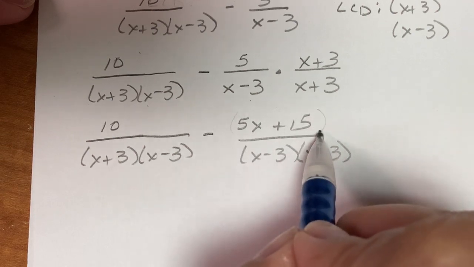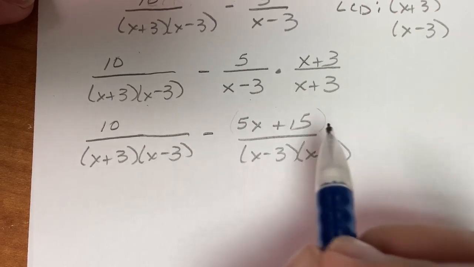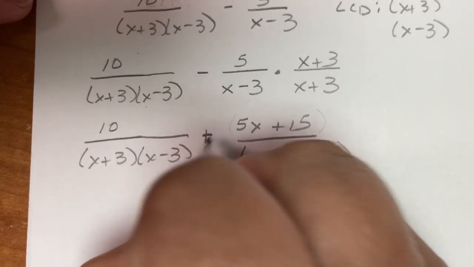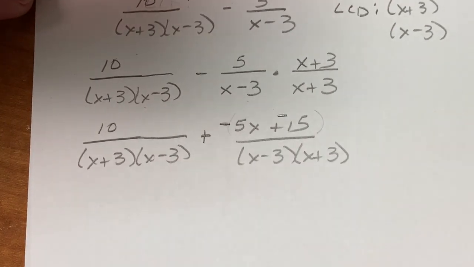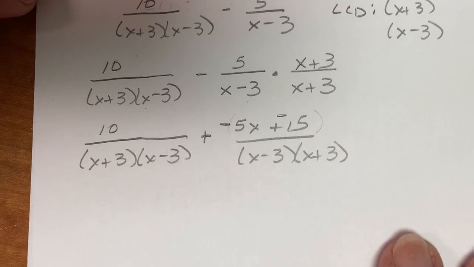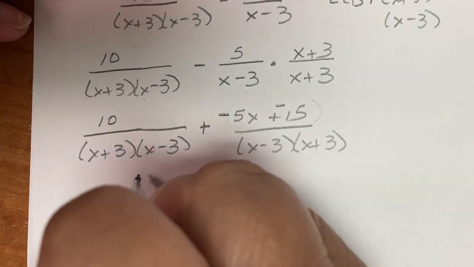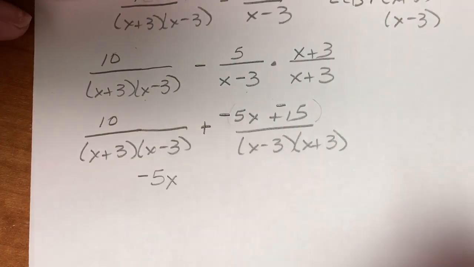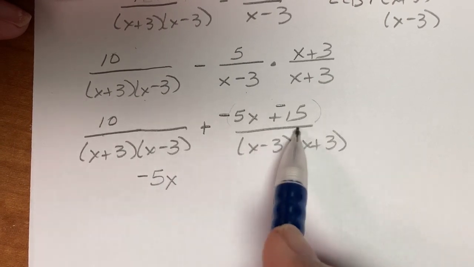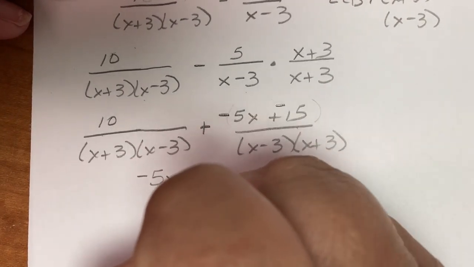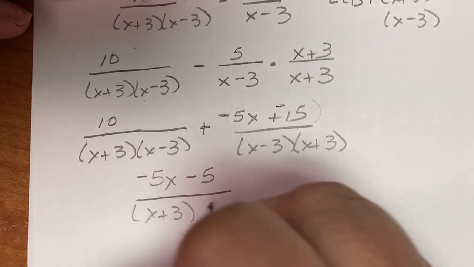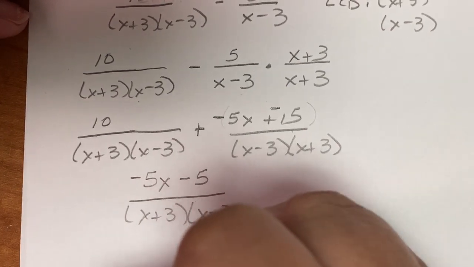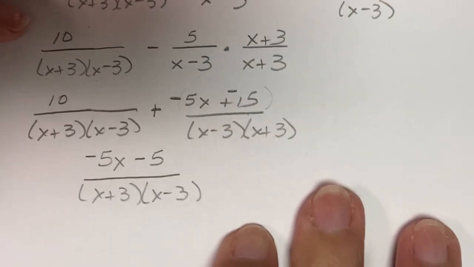It's, again, like multiplying through by negative 1. So this is going to turn into plus a negative 5x and a negative 15. If we combine like terms, I'm seeing negative 5x, and then 10 and negative 15 is going to be minus 5. And that's all over x plus 3 times x minus 3.